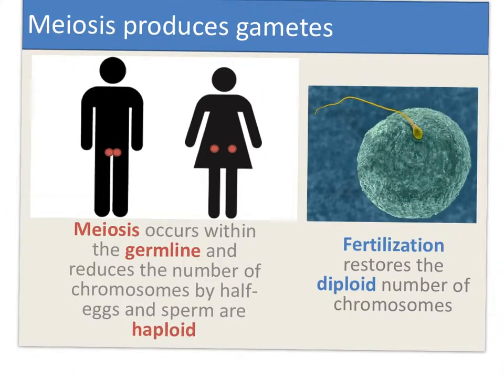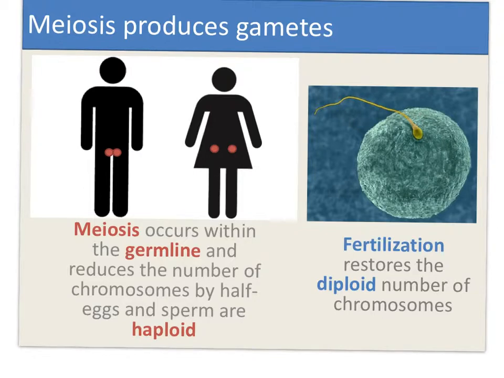So meiosis occurs within the germline, and it reduces the number of chromosomes by half. The germline cells are diploid, but they produce gametes that are haploid. Then, when an egg gets fertilized by a sperm, the diploid number is restored. And a fertilized egg is called a zygote.